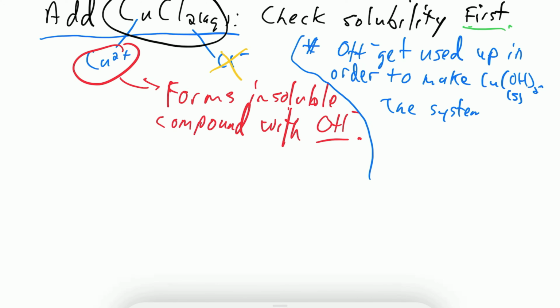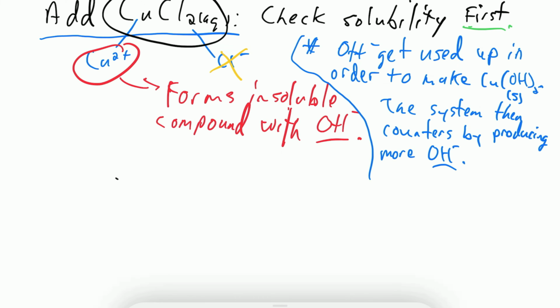This system then counters this by producing more OH minus.